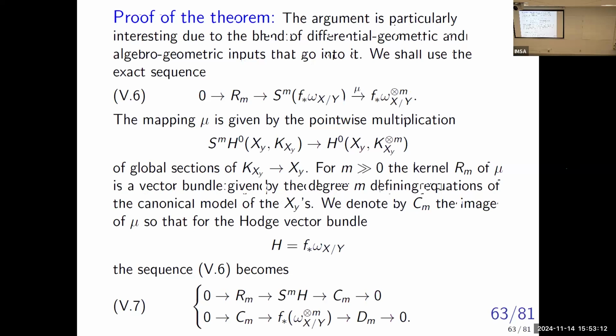So the kernel of this map is a vector bundle given by the defining equations of the canonical model. And the Hodge vector bundle is this one. So the sequence here becomes this mapping to the symmetric power, mapping to whatever the image is here. And this is when you put in the relative canonical bundle along the fiber.